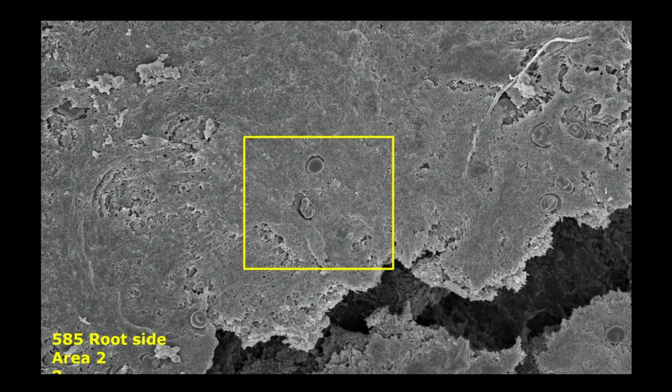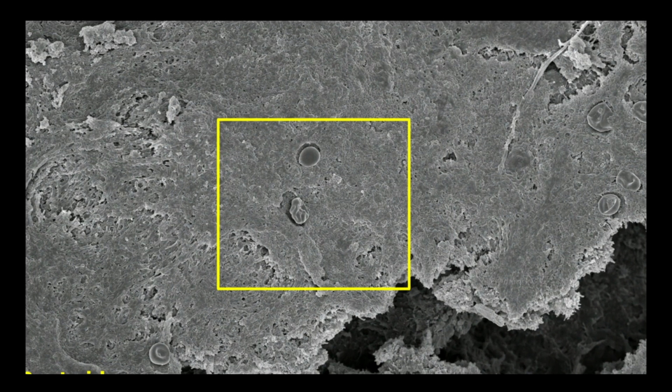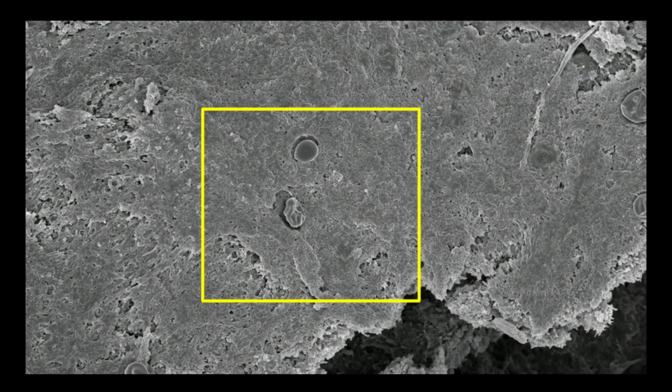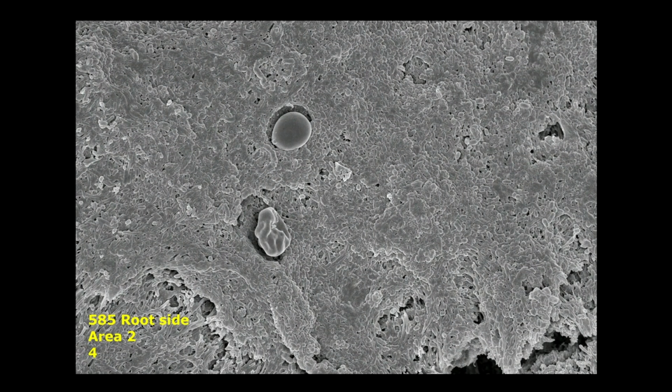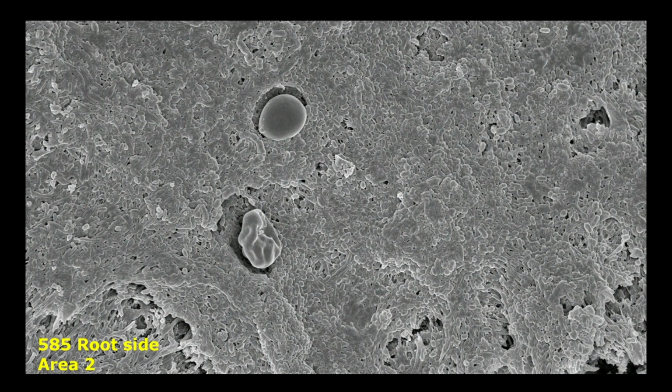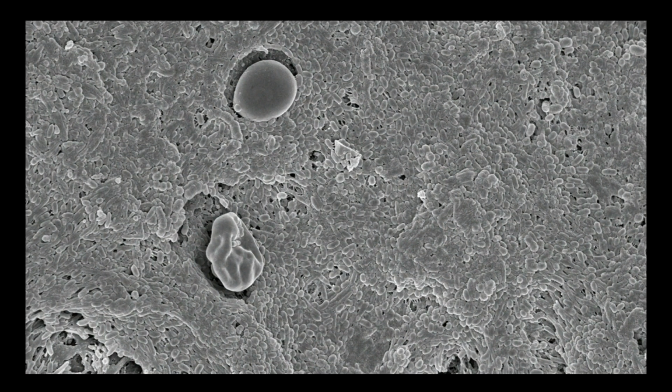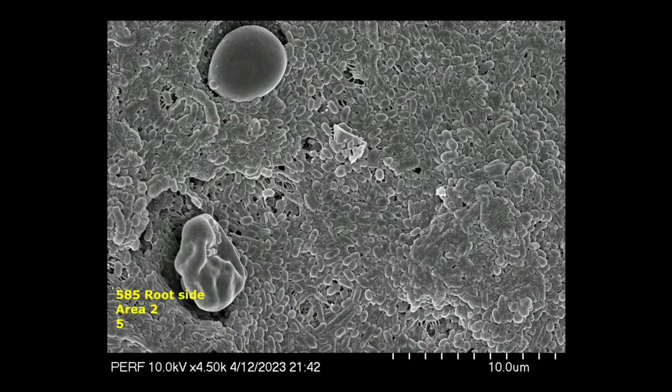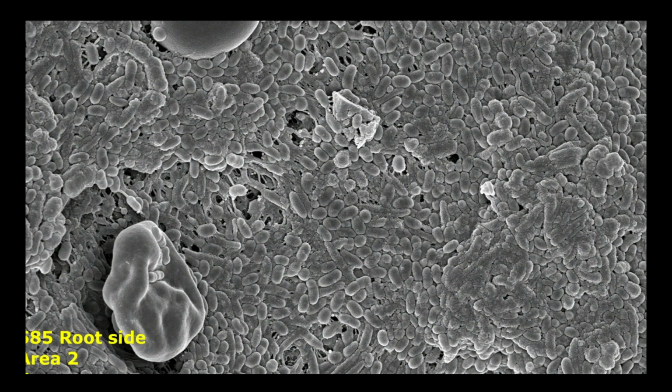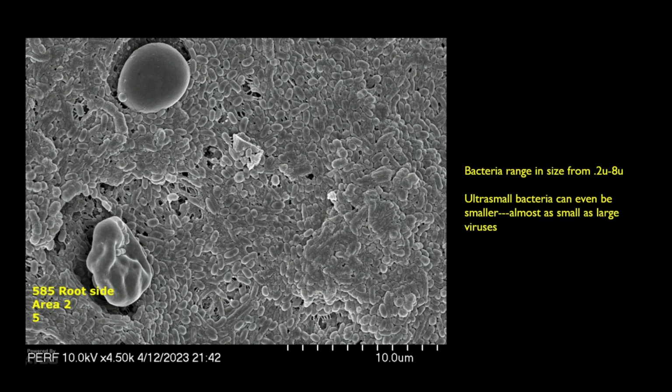So when you go into almost any area on the root side of the delaminated cementum, it was just a massive, massive biofilm, every single place that I looked. And sometimes it just looked pretty smooth. It was just completely covered with EPS, but you can always detect the outline of the organisms.